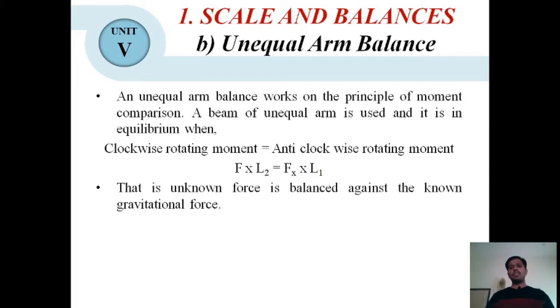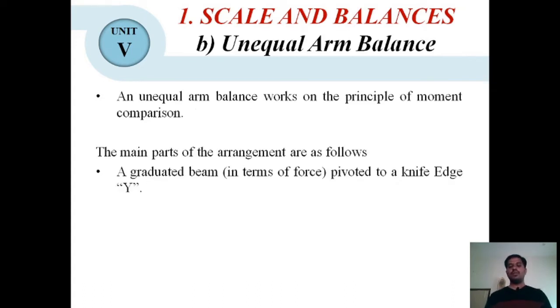Clockwise rotating moment is equal to anti-clockwise rotating moment. So that is F into L2 is equal to Fx into L1. Here L1 and L2 are not equal, and the value of Fx is our unknown entity which we need to measure. So that is, the unknown force is balanced against the known gravitational force.